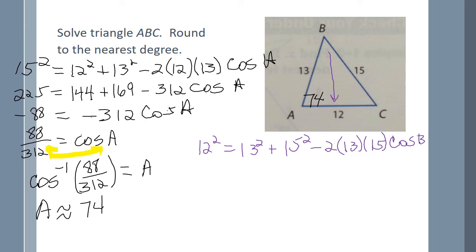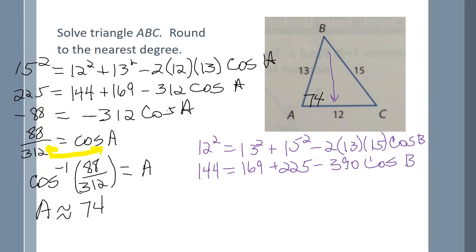So I'm going to go ahead now and square these, and I get 144 equals 169 plus 225 minus 2 times 13 times 15, which is 390, minus 390 times the cosine of B. Okay, so 144 minus 169 minus 225 gives me negative 250, right?